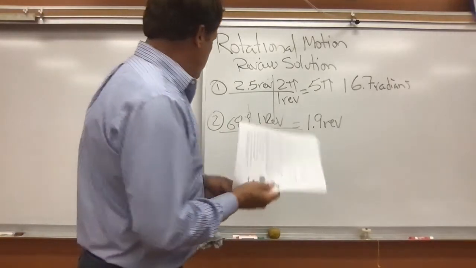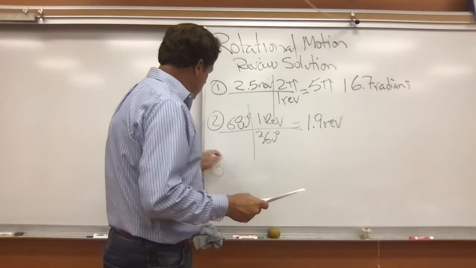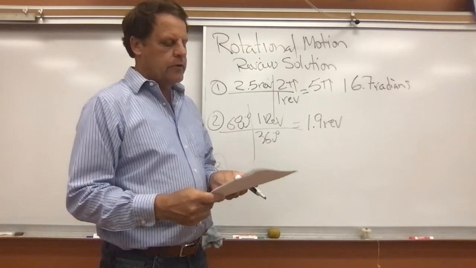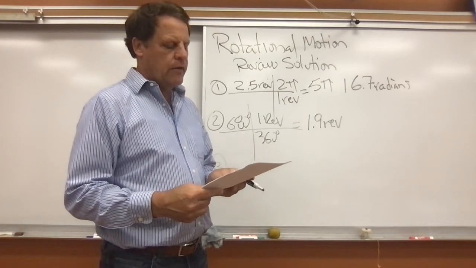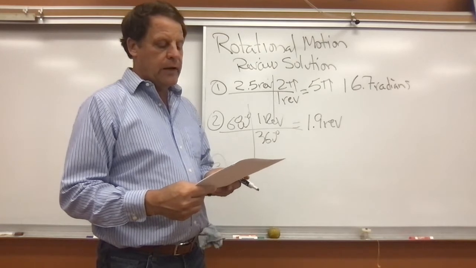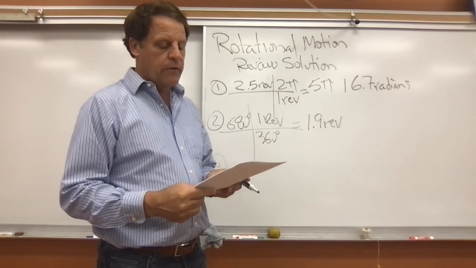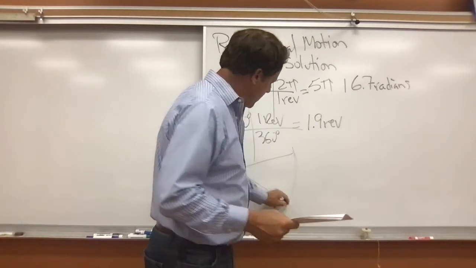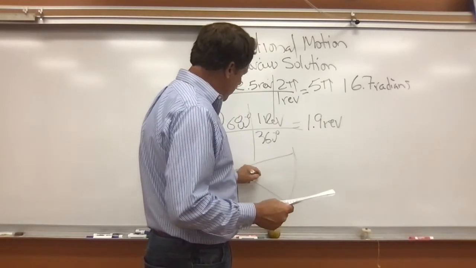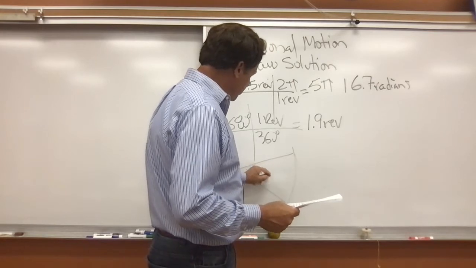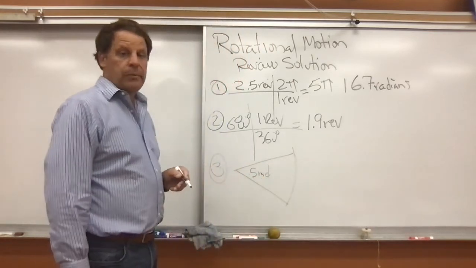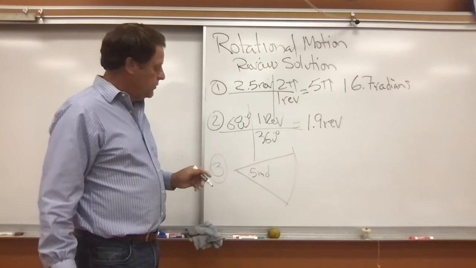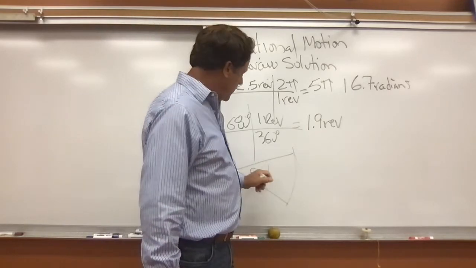Question number 3 says, what is the arc length of an angle of 0.5 radians with a radius of 3.2? So we have an angle of 0.5 radians, and that's about 28 degrees or something, but that is equal to our theta.